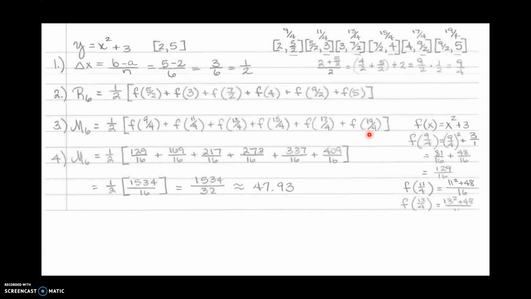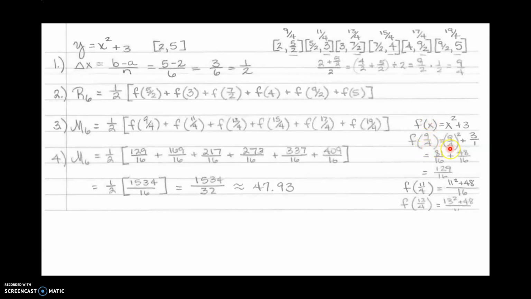The most common mistake that I see is that you forget to take this 9/4 and actually plug it into the function and get your y value. So we want to be sure that we do that. If f of x was x squared plus 3, and we want to find f of 9/4, we're just putting 9/4 in the place of x.